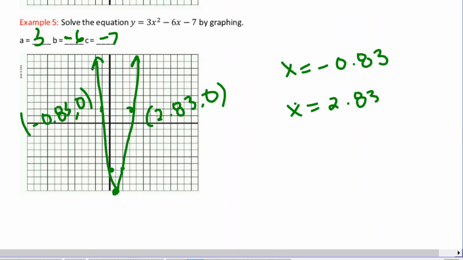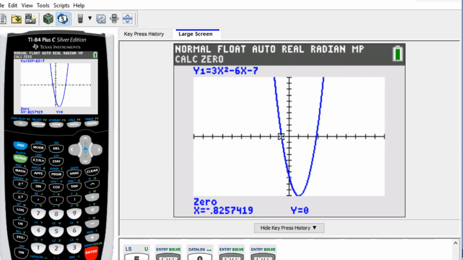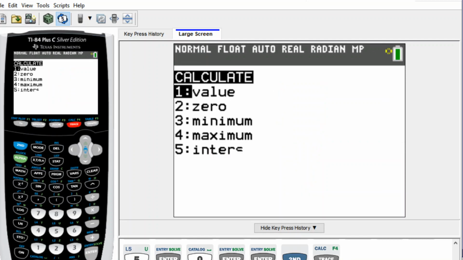And then looking at the last one, 3x squared minus 6x minus 7, this time my x-intercepts are not nice numbers. They don't fall on nice integer values. We have 2.83 and -0.83. I'm just finding these from my graphing calculator. I'm going to go second trace.